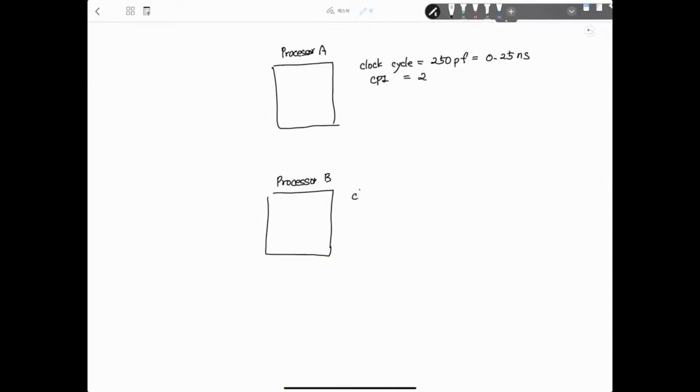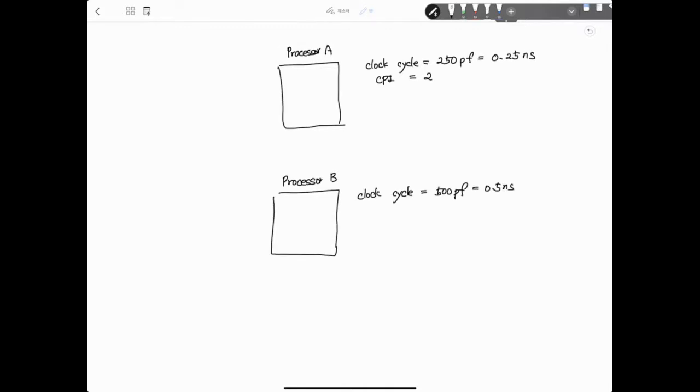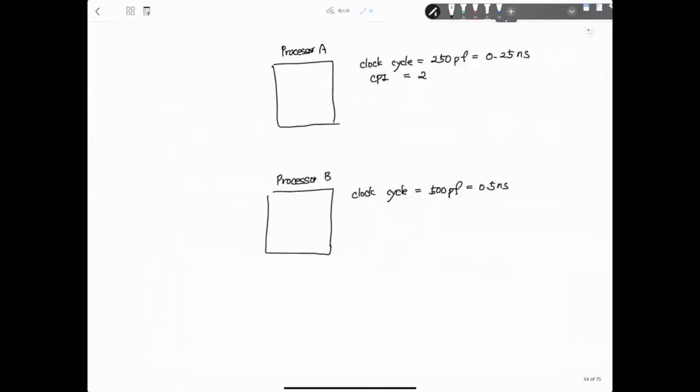And here, clock cycle is 500 picosecond, so 0.5 nanosecond. And CPI is 1.2. So what about the performance of this processor in A and B? Which one is faster and how much faster?